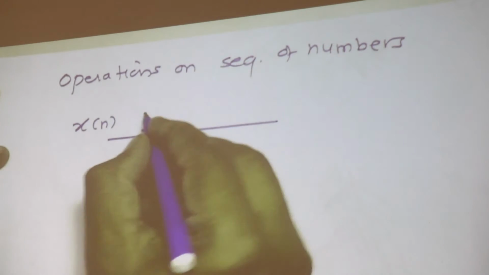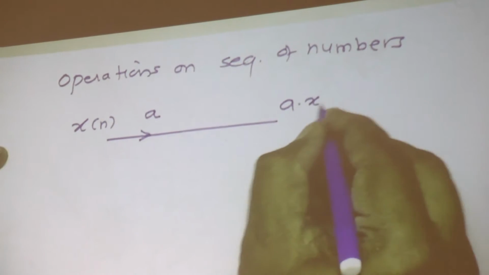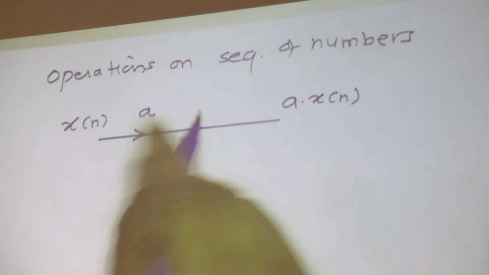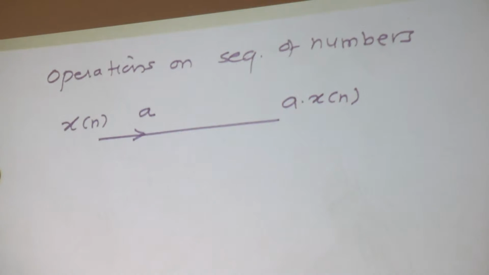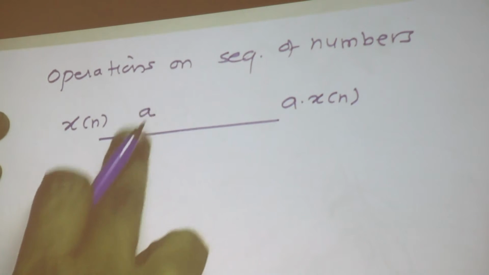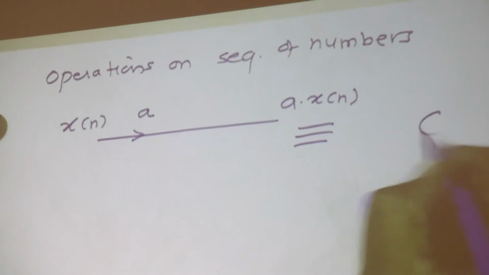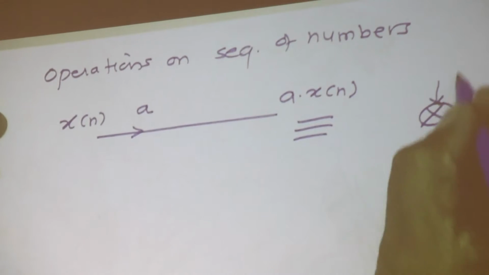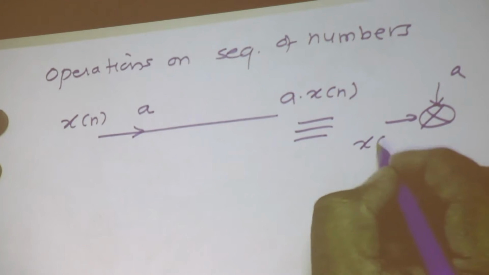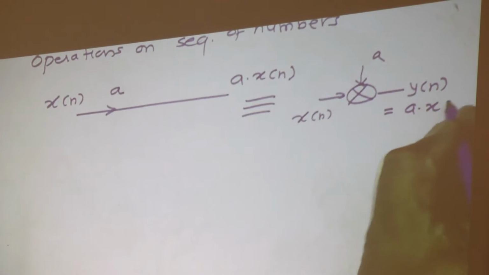I multiply this x(n) by some a. What is the output? a times x(n). So scalar multiplication is something that you can perform. This weighted arrow indicates it is a multiplier. Actually, this block is equivalent to a multiplier block where you are multiplying a by x(n). The output is y(n), which is equal to a times x(n).